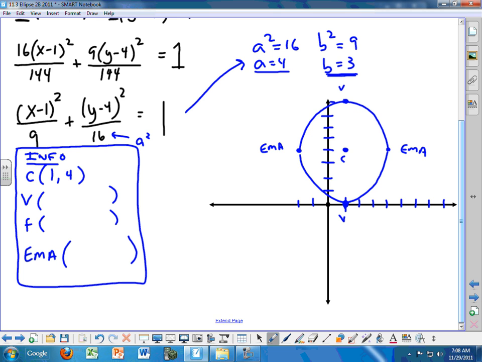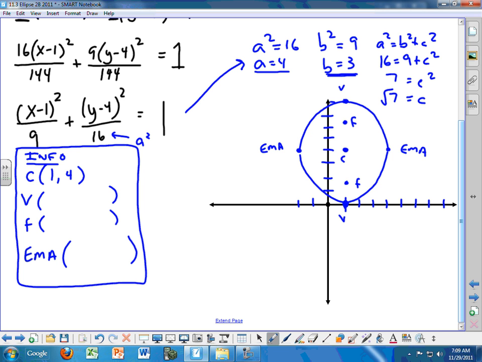The only thing we need to put in is our foci, and the foci are computed by writing our Pythagorean identity. A squared is equal to b squared plus c squared, as we see from the ellipse. It's going to produce 16 is equal to 9 plus c squared. In this case, c squared is 7, or c is the square root of 7, which is somewhere between 2 and 3. I'll just move it down here about 2.5 or so. I'll put a focus in there. I'll go up about 2.5, put a focus right there.